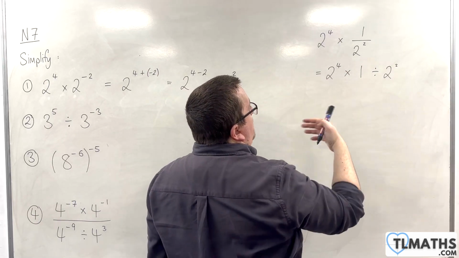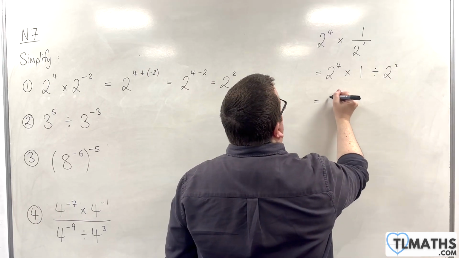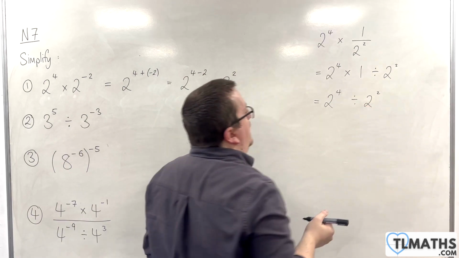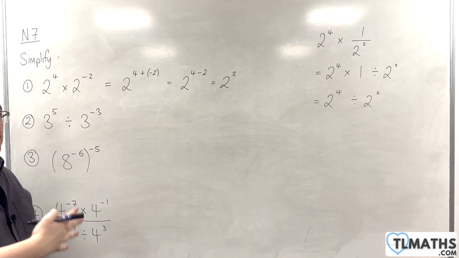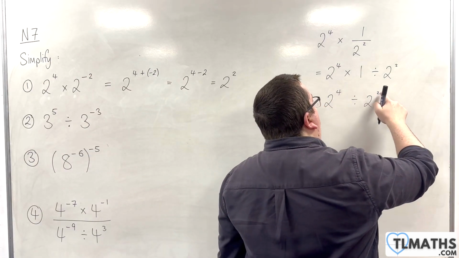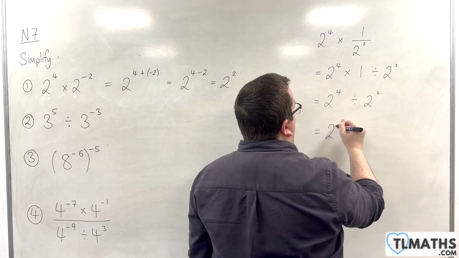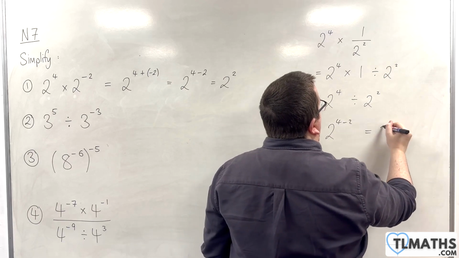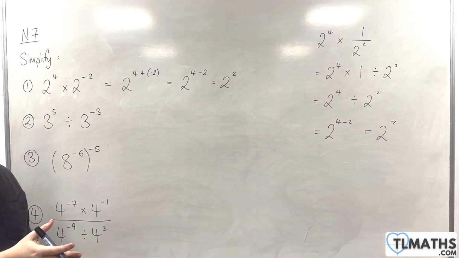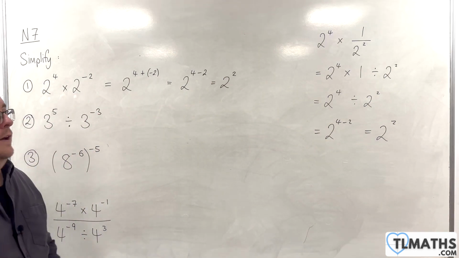Now, of course, multiplying by 1 isn't going to change anything, so I can essentially ignore that, and I'm reducing it to 2 to the power 4 divided by 2 squared, which then we subtract our indices, and so we get our 2 squared. So we have an alternative way of working around our problem and looking at it.